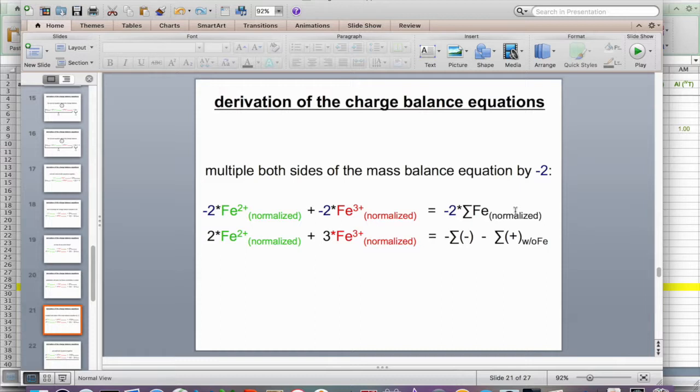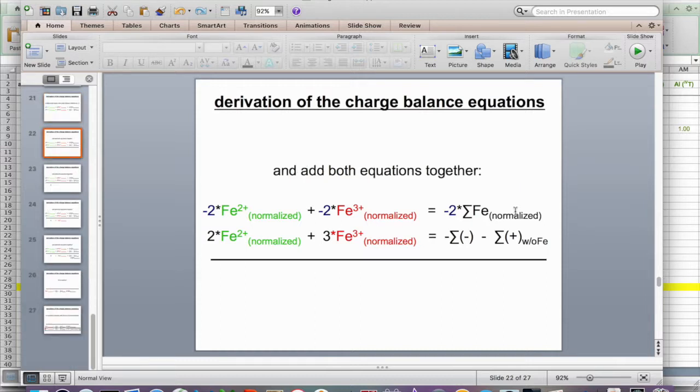Okay, so it turns out that the way this is set up now, we can just add both of these equations together. We're just going to add straight down in each of these sets, and see what we get. And you're going to like this because this is actually kind of cool.